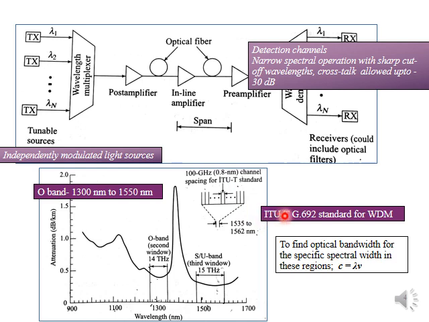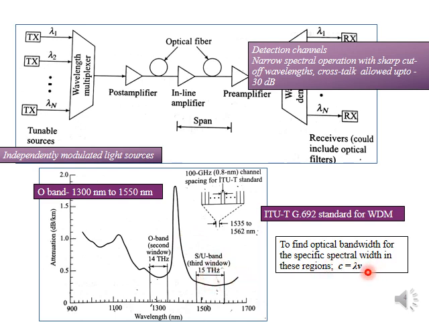The standard name is G.692, which you can see later when you study WDM standards separately. So these three bands we have to keep in mind along with the values, which is useful in solving problems, because sometimes a graph may be given, or most of the times the graph is not there in the exam.